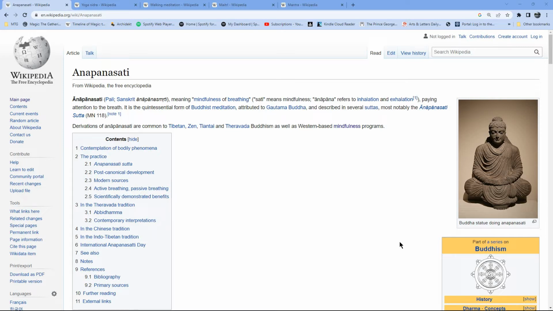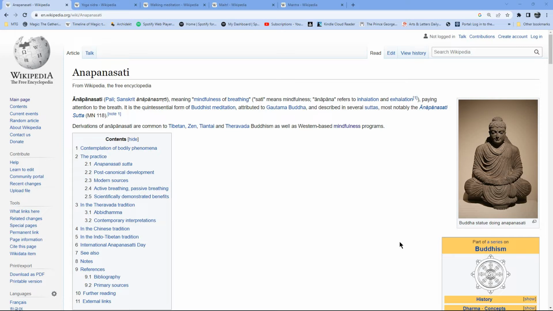Now, of course, there's a number of different variations you can do with this, because you can pay attention to different points of the breath, like where you feel it in your nose, or in your chest, or in your stomach.